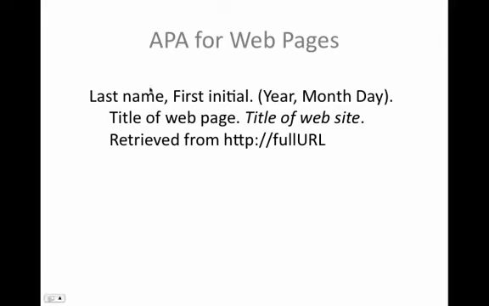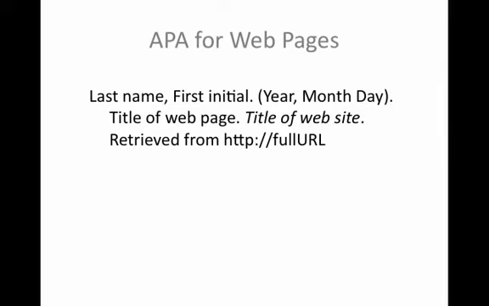An author, remember we still got first initial, and then a really funky date format. I start with the year because that's the most important, and then I put the month and the day if this information is available. Because think about it, a lot of web pages are published or updated on a very specific day. You do not have to include the time.